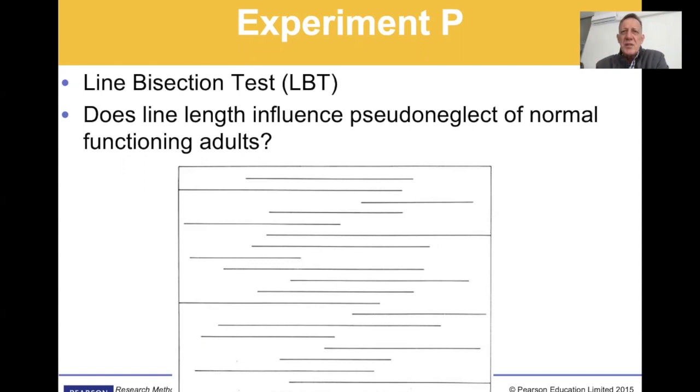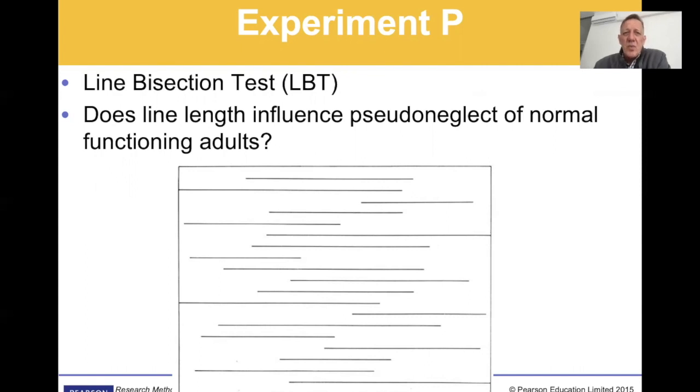So they cannot perceive, or they do not focus on the right-hand side, or they focus on the right-hand side rather than the left. Pseudo-neglect means it's not a real major issue, but normal adults tend to estimate or focus their attention a little bit to the left of the center. It's got interesting implications for a number of things.